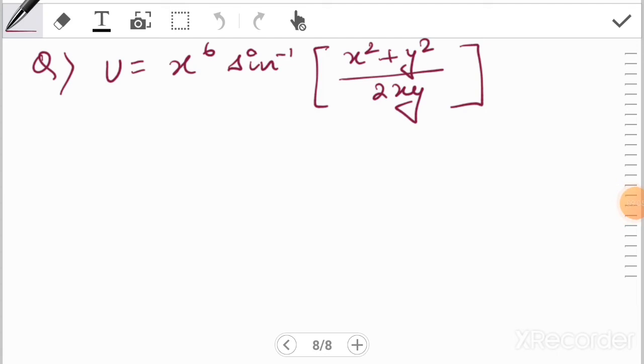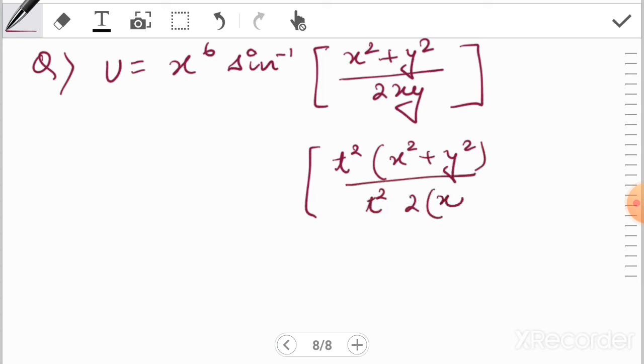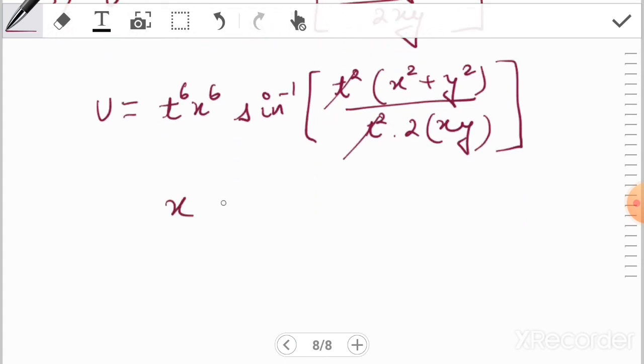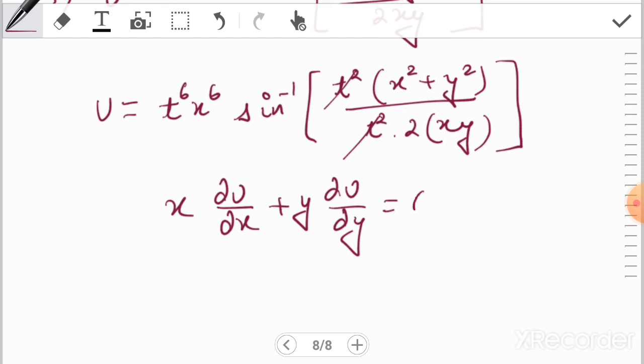If you put tx for x and ty for y, this is t square times x square plus y square over t square times 2xy. T square gets cancelled, and here we get t to the 6 x to the 6 sine inverse. So this function is homogeneous of degree 6. So x del u by del x plus y del u by del y is equal to 6u.